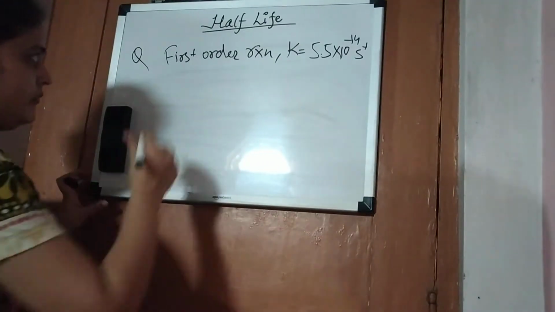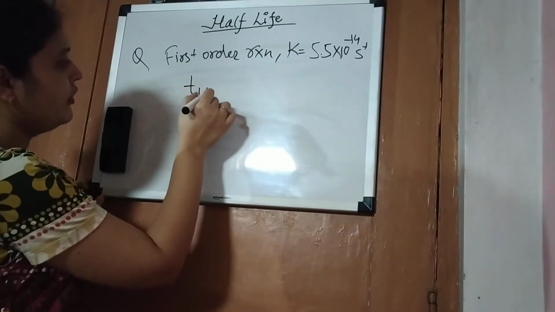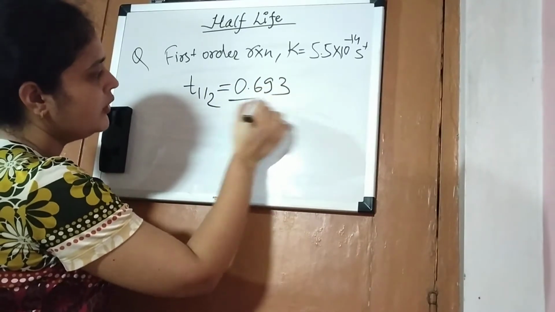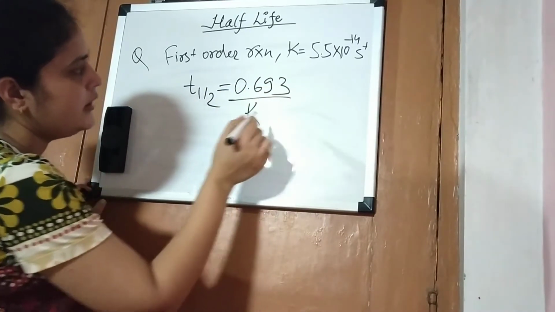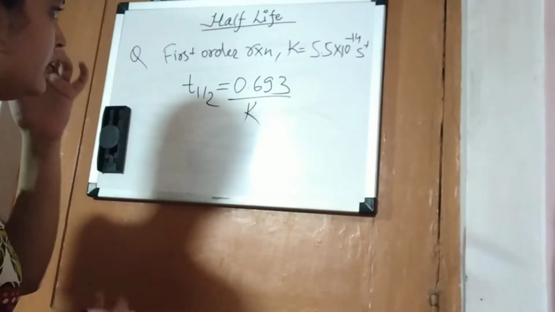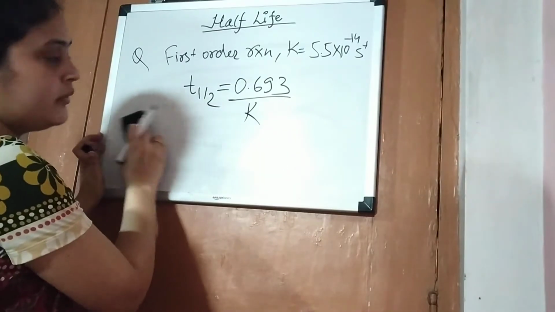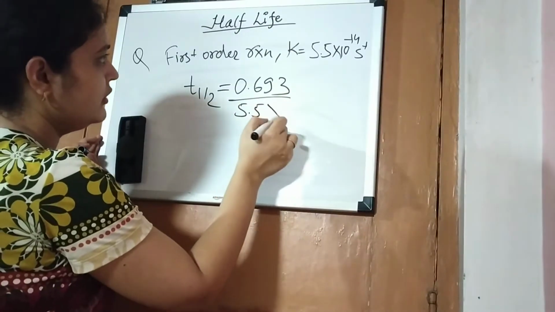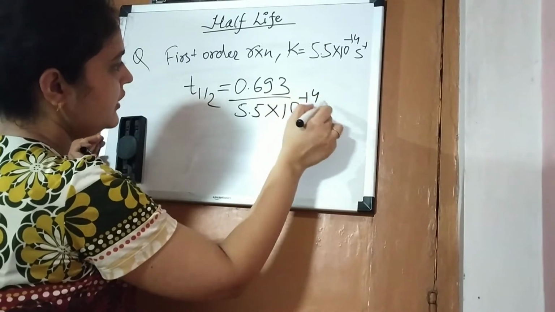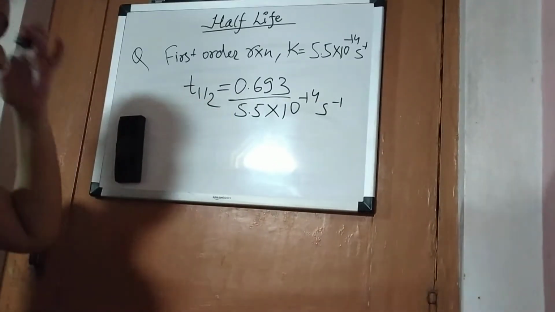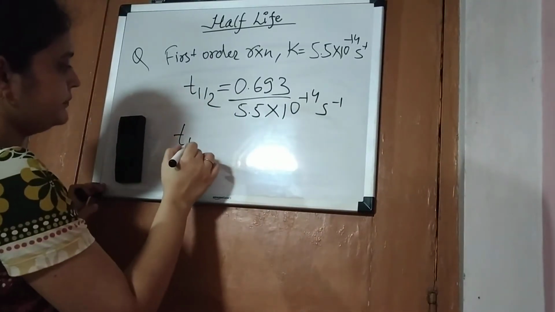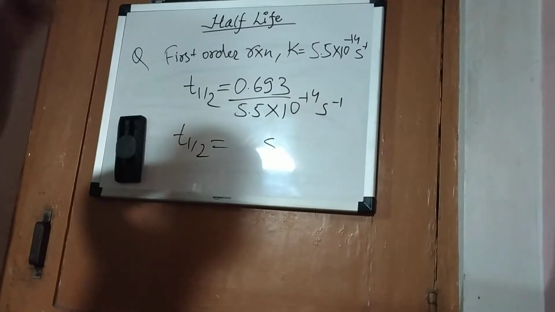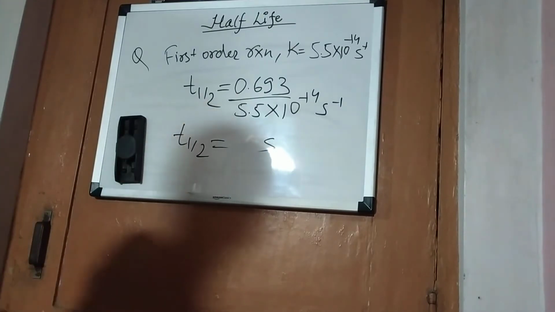So we have found out that half-life of first order reaction is 0.693 upon K. So K is 5.5 into 10 raised to minus 14 per second. So you will get T half in seconds, right? You will just calculate this value and you will get T half. So this is a simple question.